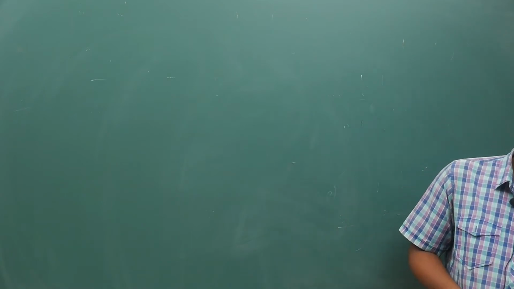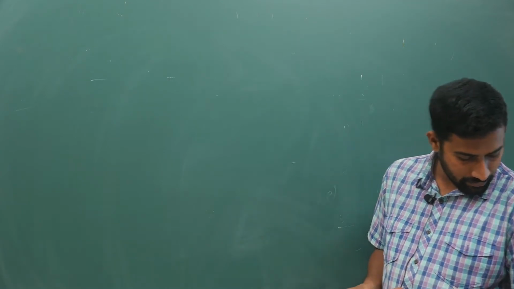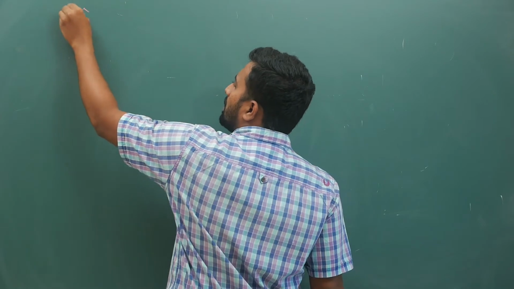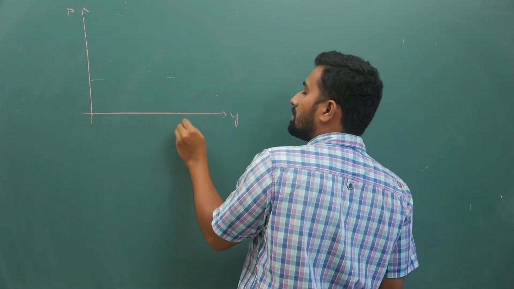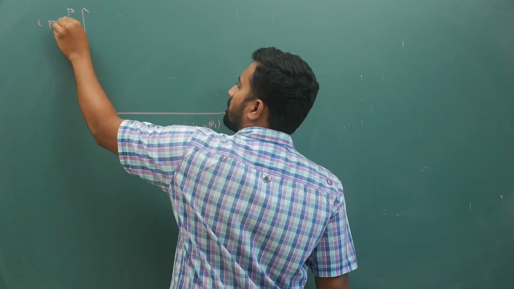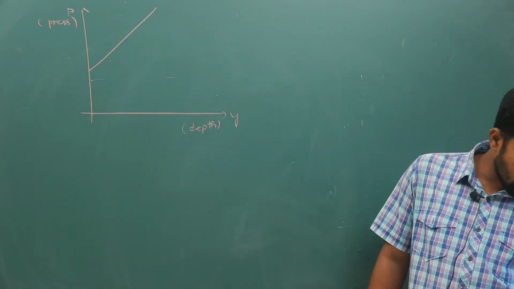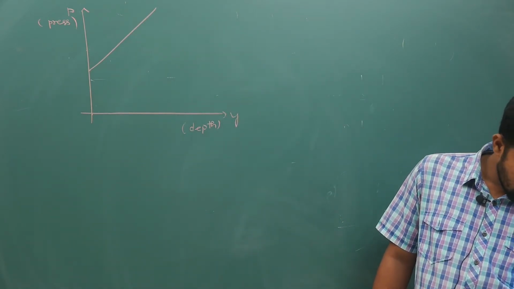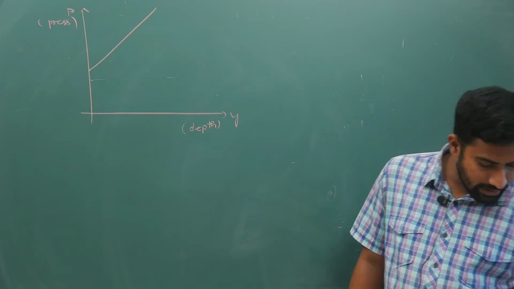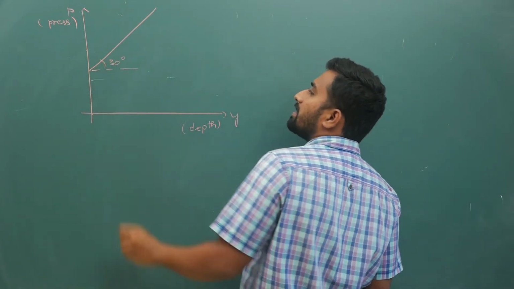Now your next question is, let us say you are given a pressure versus depth graph. This is depth Y and this is your pressure, and the graph is coming this way. The angle with the horizontal is given as 30 degrees.